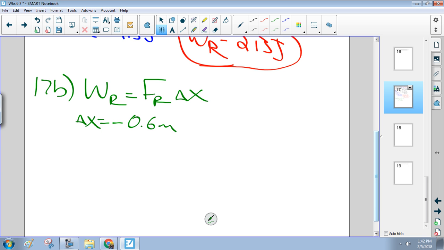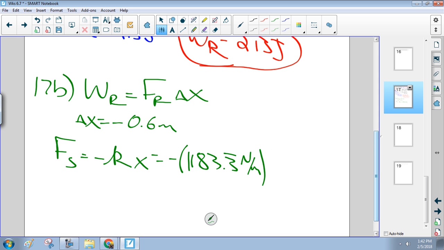It's a spring, though, so the force of the spring is negative kx. That's negative 1183.3 newtons per meter times the distance it stretched, which is negative 0.6 meters.